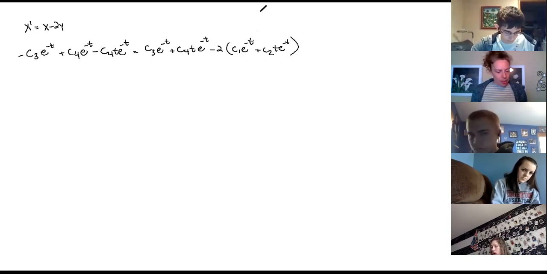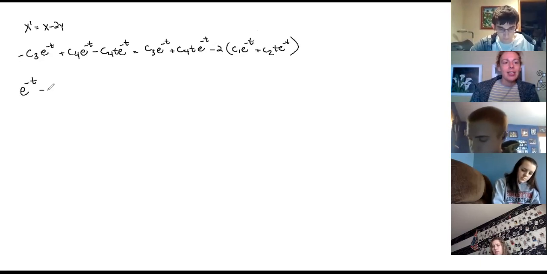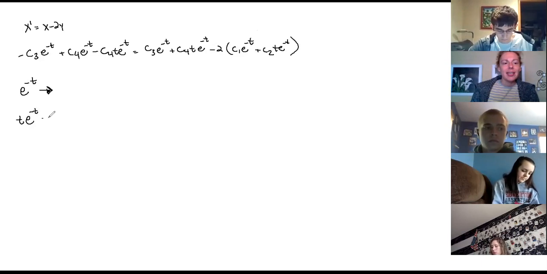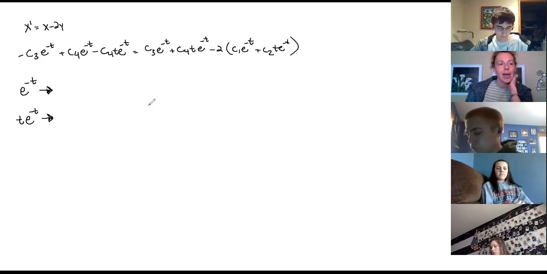Plugging into that original equation, if we equate coefficients, look at the pieces that we have. We've got e to the negative t pieces and t e to the negative t pieces, so we can look at coefficients and make sure they match up.